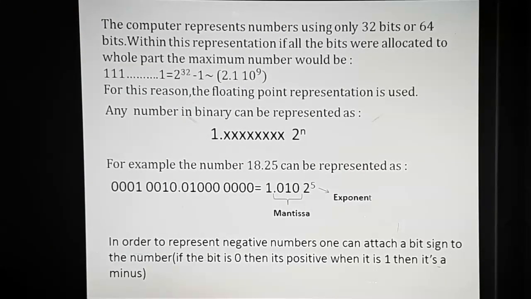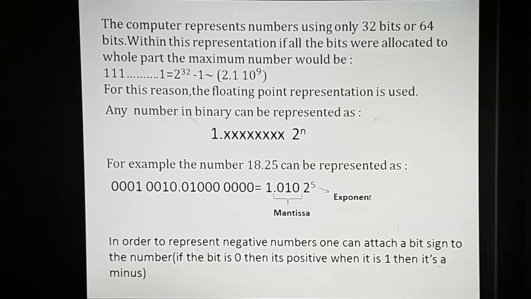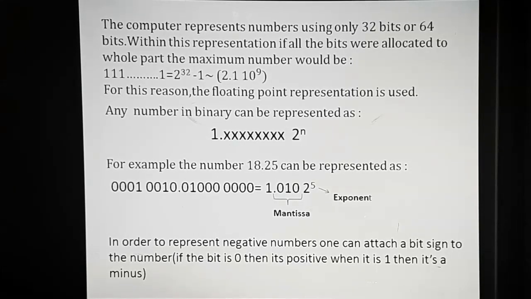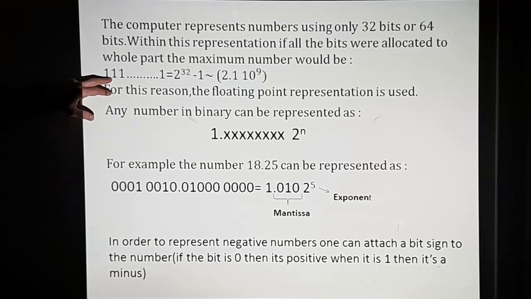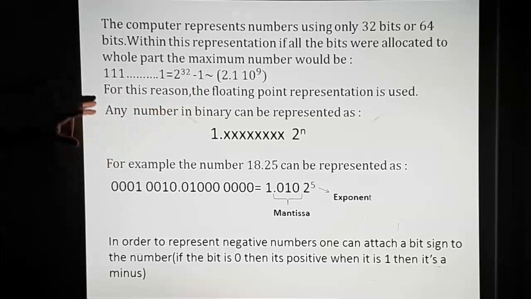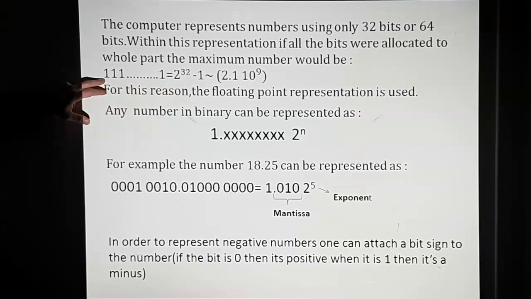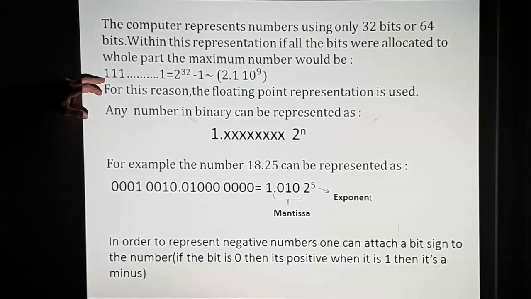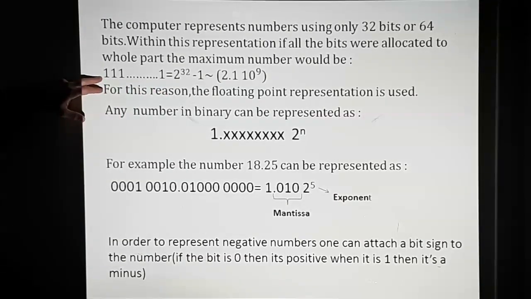Now, let's consider we have 32 bits, and if we allocate all these 32 bits only for the whole part, meaning we don't represent the fractions, even in this case, the maximum number would be 2 power 32 minus 1. So it would be 1, 1, 1, 1. Here you have 2 power 31, and this number plus 1 gives me 1, 0, 0, 0, 2 power 32.